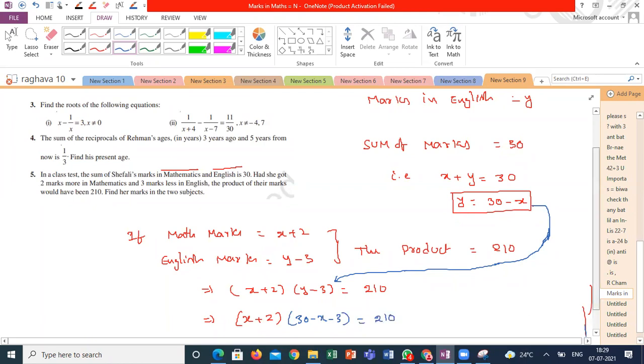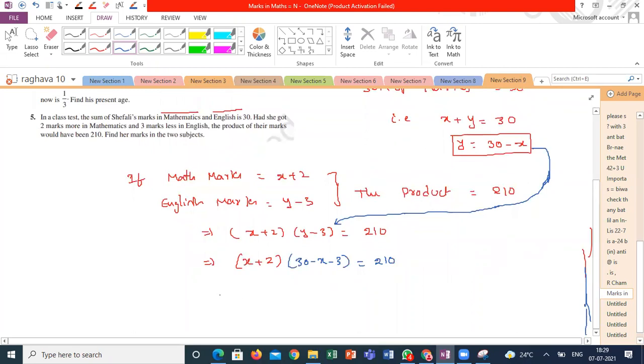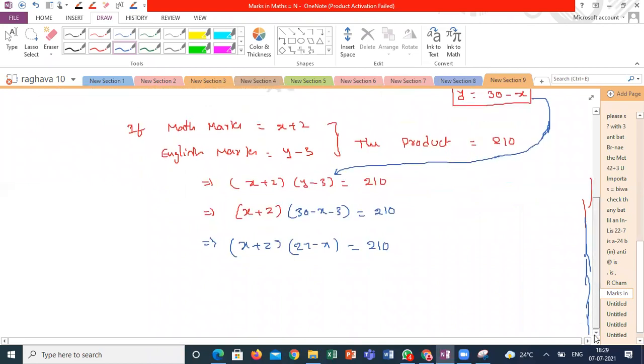So calculate and let me know what quadratic equation you are getting, guys. What is the quadratic equation? x plus 2 into 27 minus x is equal to 210. What is the final quadratic equation you are getting? Sir, x square minus 25x plus 156 is equal to 0.